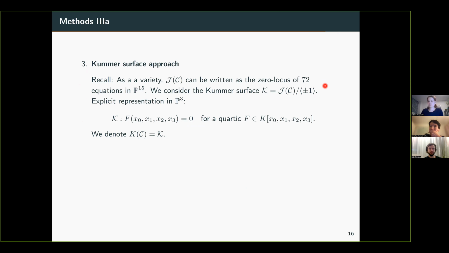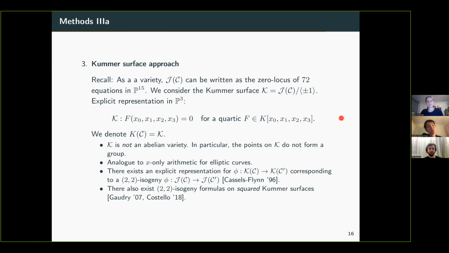This variety has a representation in the projective space of dimension 3, where it's the zero locus of a quartic equation f, which can also be described very explicitly in terms of the curve equation. So what's the problem with this representation? Well, first of all, by taking this quotient, we lose the group structure.